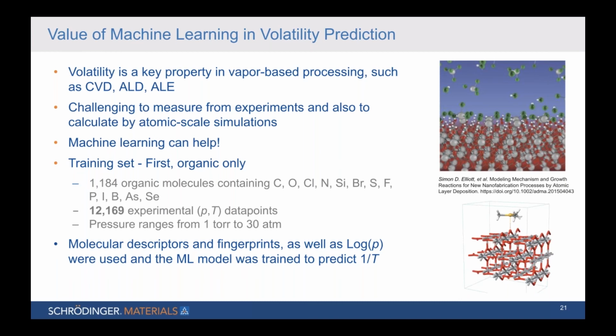From these over 1,000 organic molecules, we collected over 12,000 experimental data points at various pressures and temperatures. The pressure range covers a really wide range, from 1 torr to 30 atmospheres. So we generated molecular descriptors and fingerprints. In this case, log P was used, and the machine learning model was trained to predict the inverse of temperature.